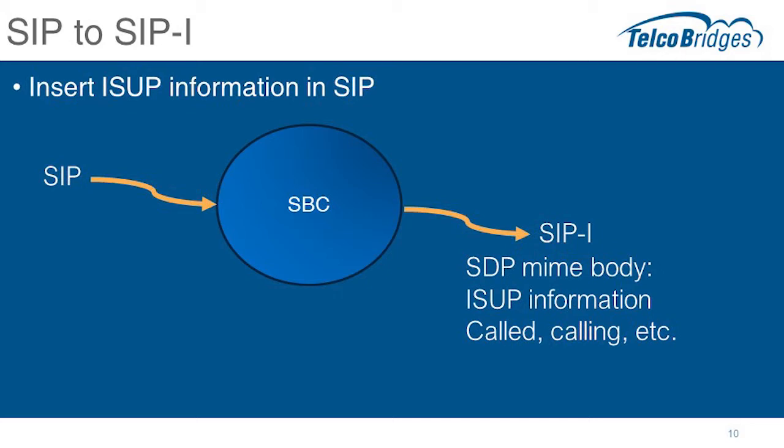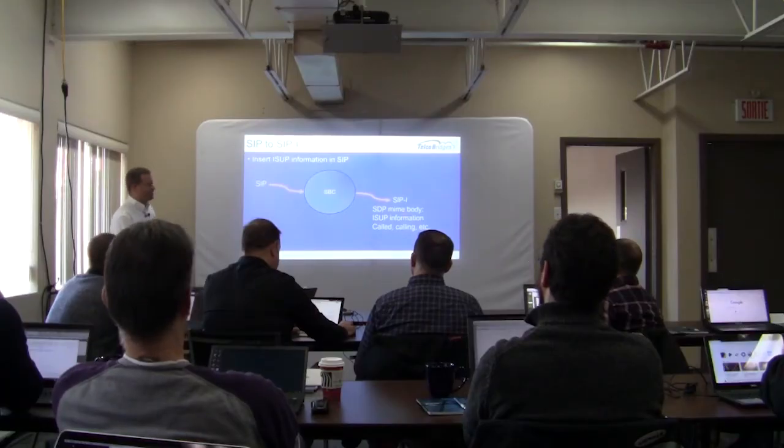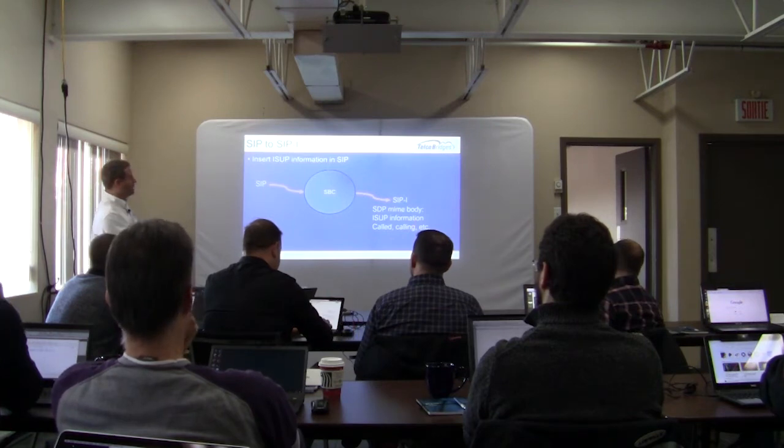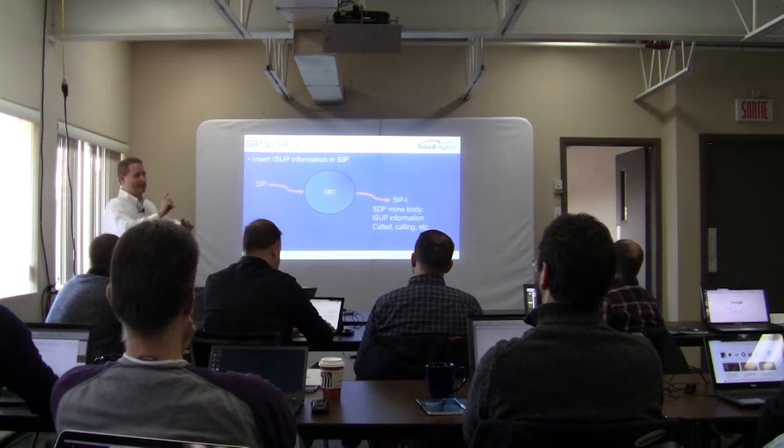In the SIP you have the SIP SDP, which is the codecs that you usually get, and then you have another body, which is ISUP information. Some of the carriers use this. In France, I know they use this. For us it's only a configuration: you just say yes, I want SIP-I, and then we add these elements inside the SIP message.